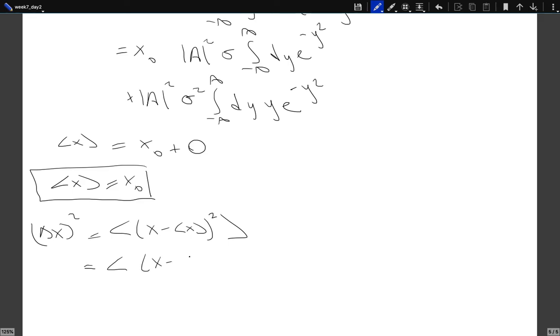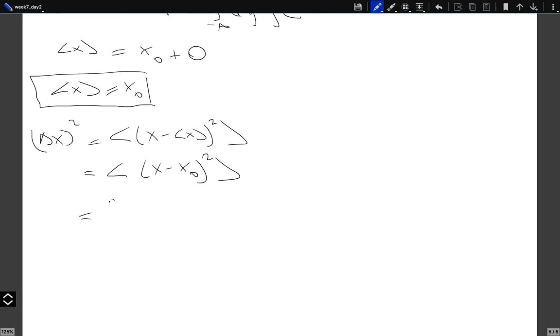Well, this is equal to the average of x minus x0 squared, which by the definition of average is the integral from minus infinity to infinity dx, x minus x0 squared, e to the power minus x minus x0 squared over sigma squared. How do you take this integral? Let me leave it this way.